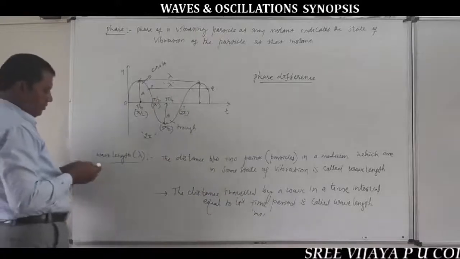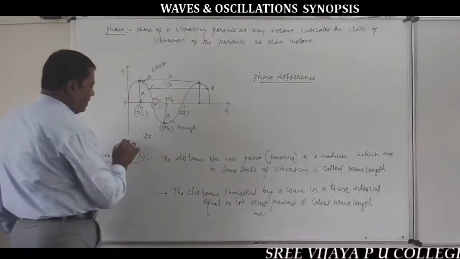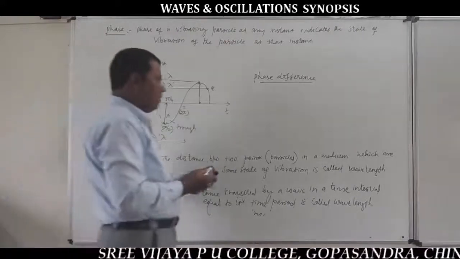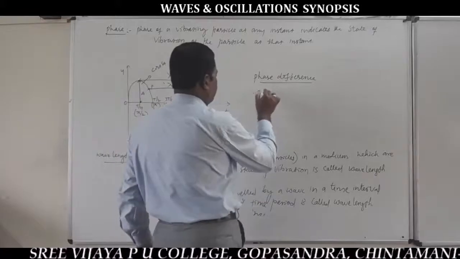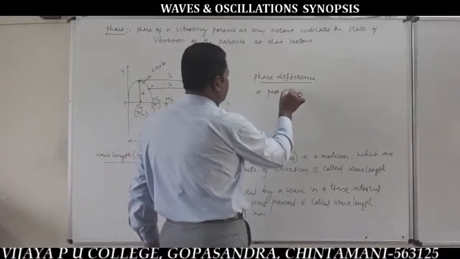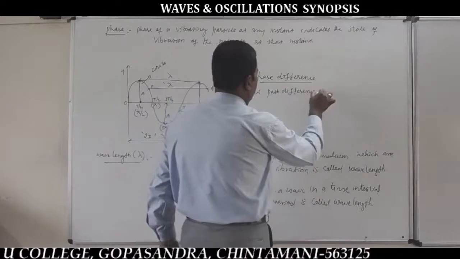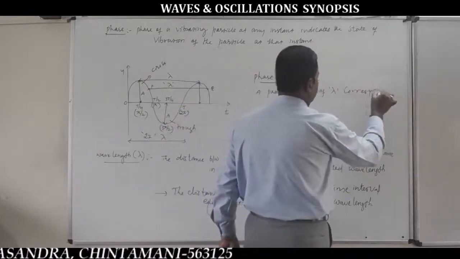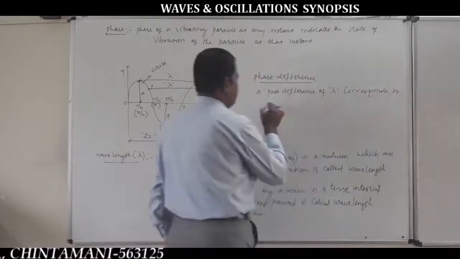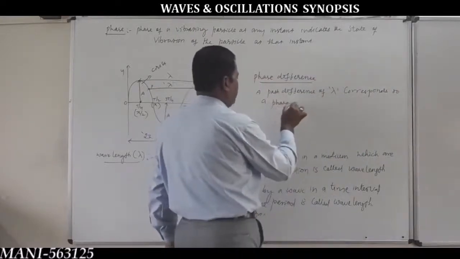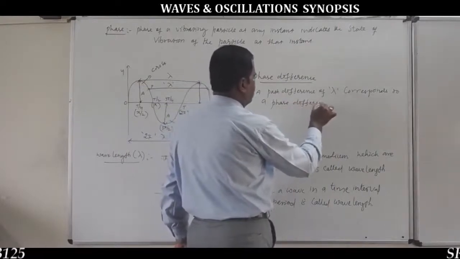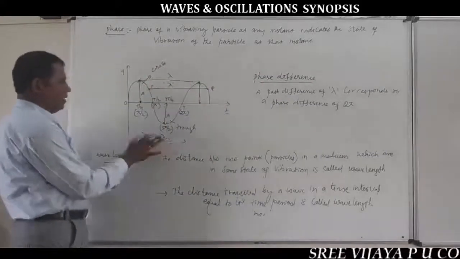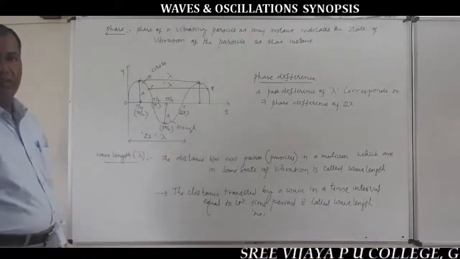From this diagram, we can conclude that a path difference of lambda corresponds to a phase difference of 2 pi.